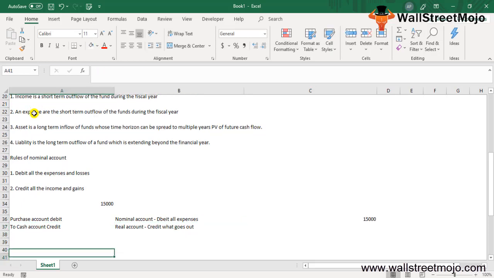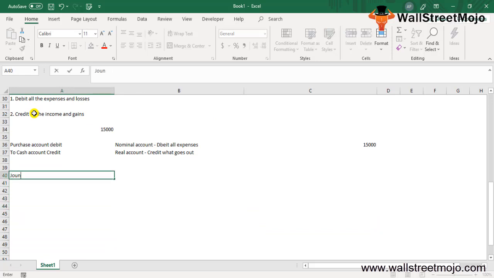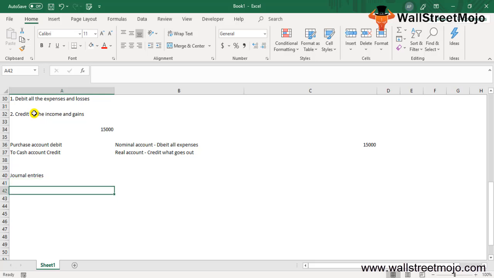So how does transferring funds from nominal to real account work? The following journal entries will come into the picture. They show that the balances in the nominal accounts are shifted through an income summary account to the retained earnings account.